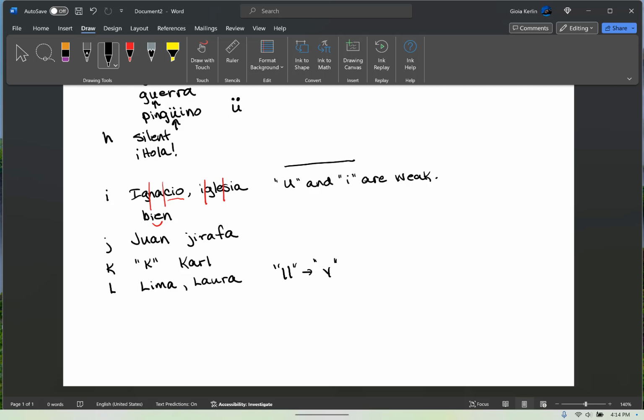Like you may notice, me llamo, te llamas, se llama. So two L's together, dos L's, make a ya sound.